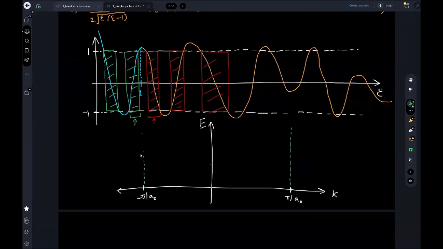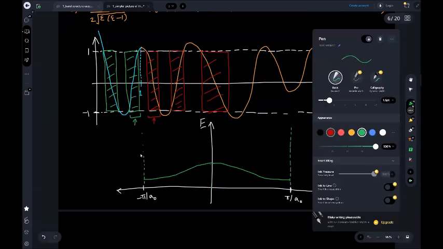So I can actually represent this in this way. And similarly, if you move from K equals 0 to K equals minus pi over a naught, and I want to remind you that this is a periodic structure, so this will actually repeat after 2 pi over a naught. So the mirror image of this happens here.